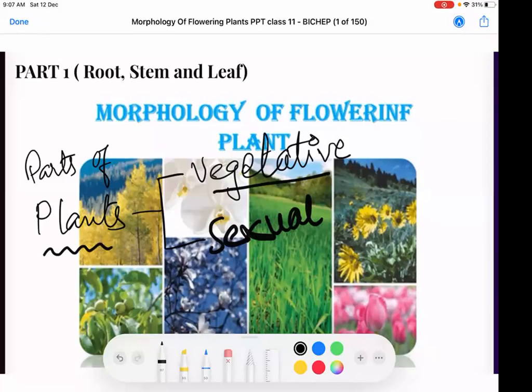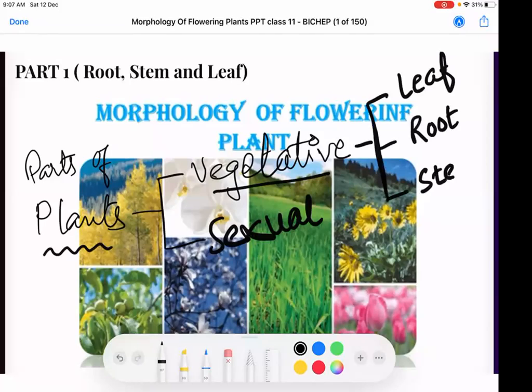Now, why is it said to be vegetative? Because they are the chief constituent of vegetation, that is plant. And the three main vegetative components of your plants are: number one, leaf; number two, root; and number three, stem.